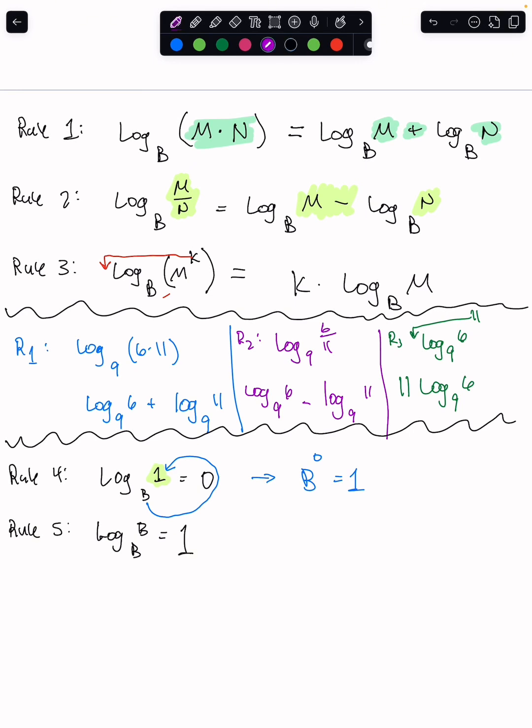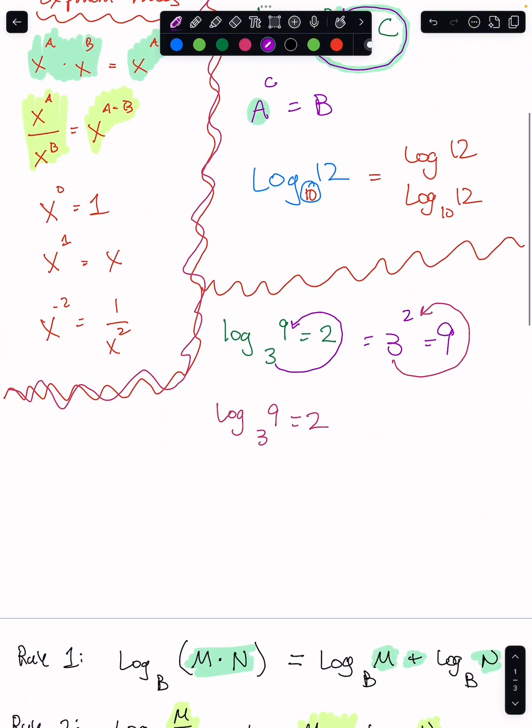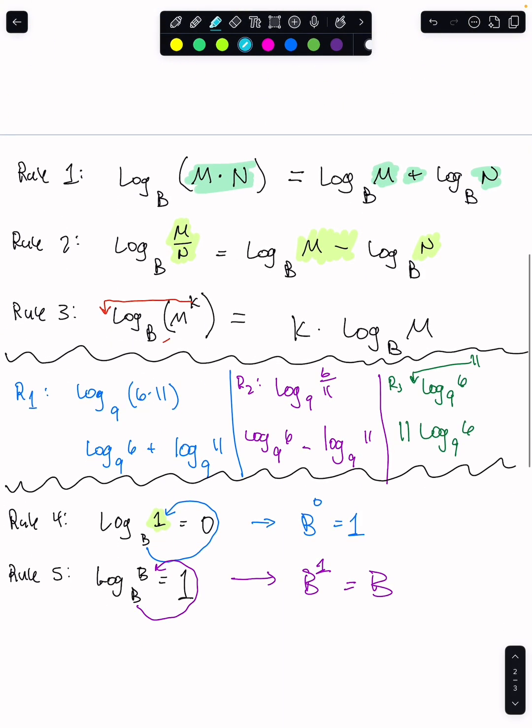And that makes sense because if I do the swoosh, b to the 1 equals b. And that goes back to these exponent rules where anything to the 0 is 1 and anything to the 1 is itself. So that's where those come in.